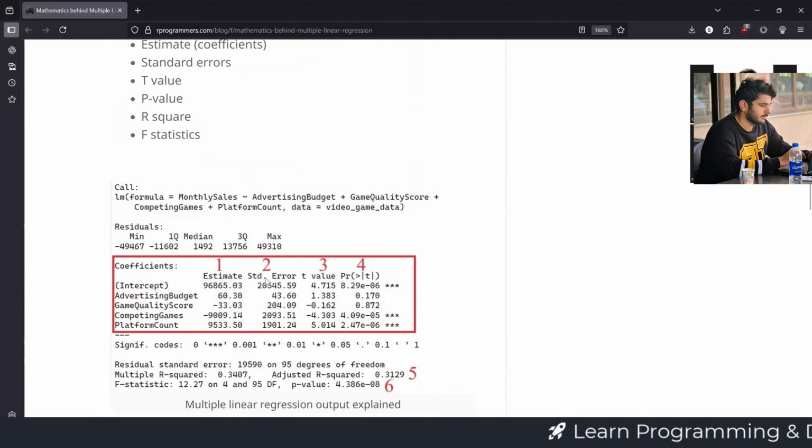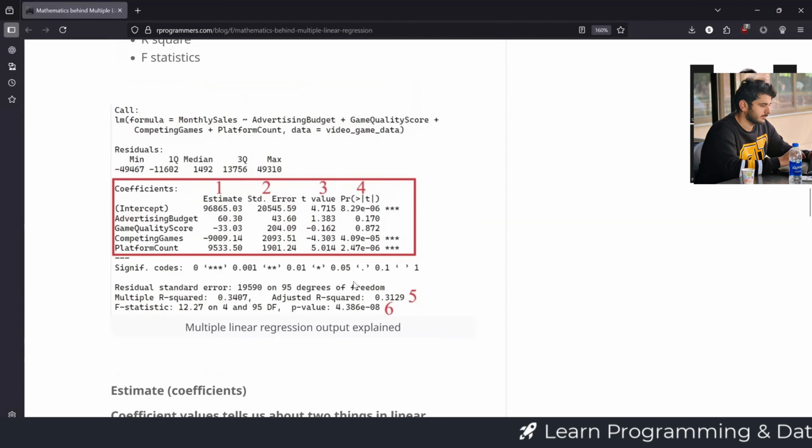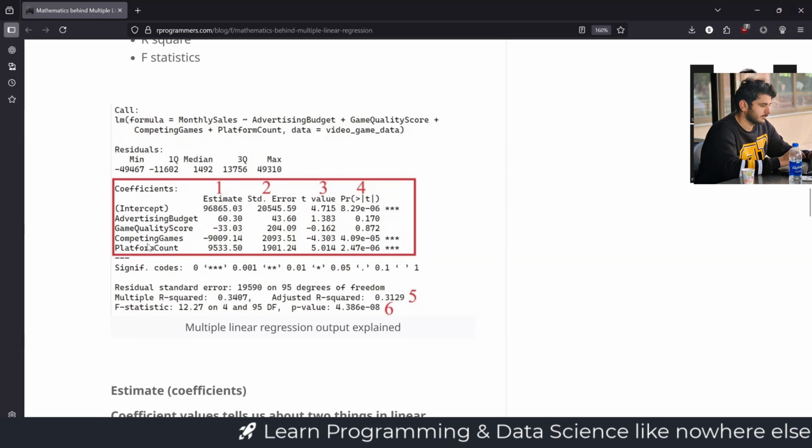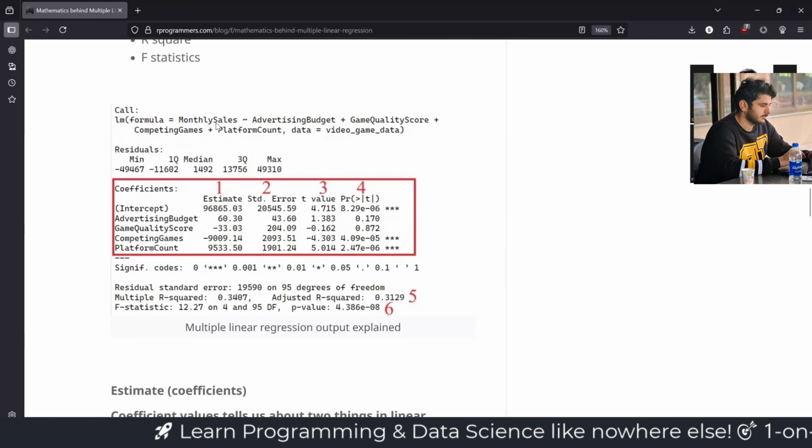Now, let's see what that even means. R square value could be between 0 and 1. If R square is close to 0, it means our independent variables are unable to explain any kind of variation in our dependent variable.